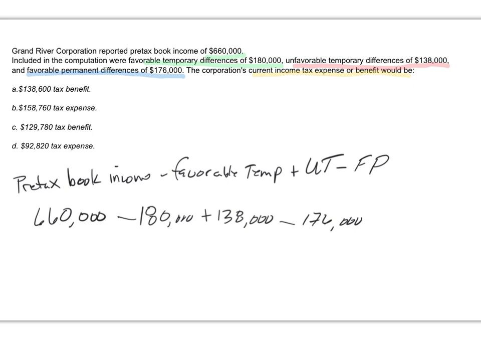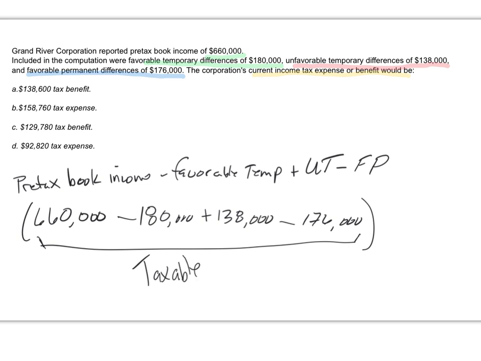Now we need to compute our current income tax expense or benefit. We multiply the result of that, because this is going to give us our taxable income, times 21%.